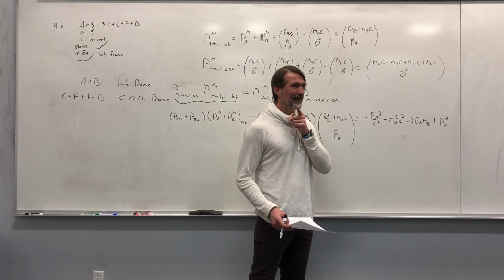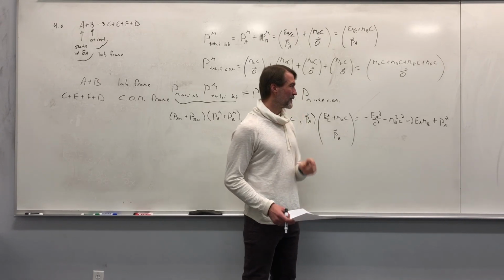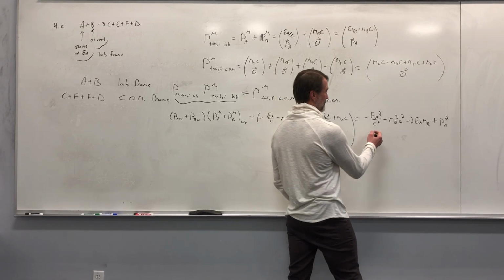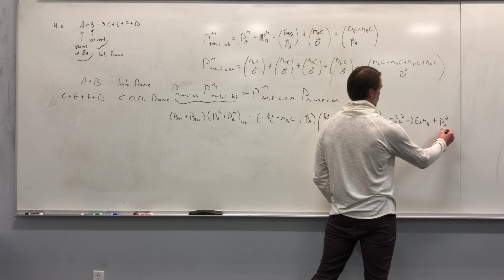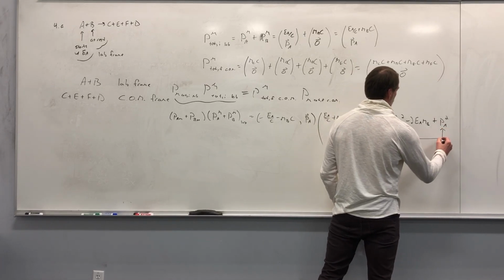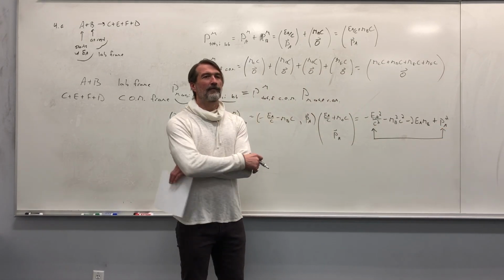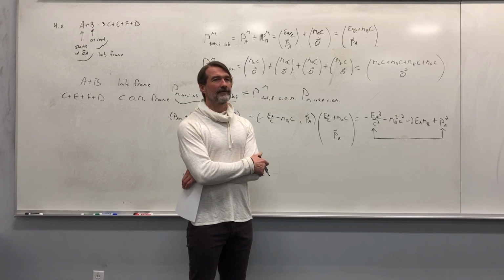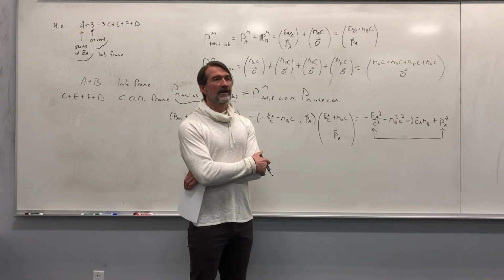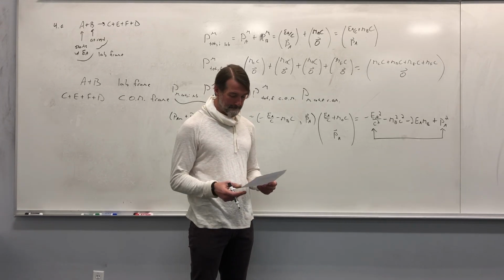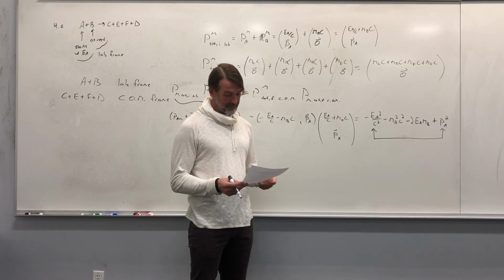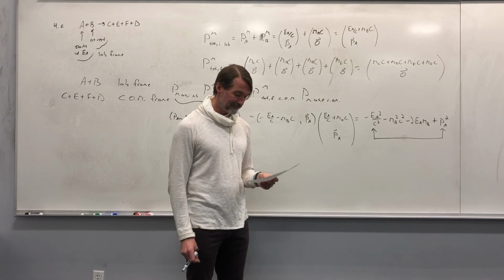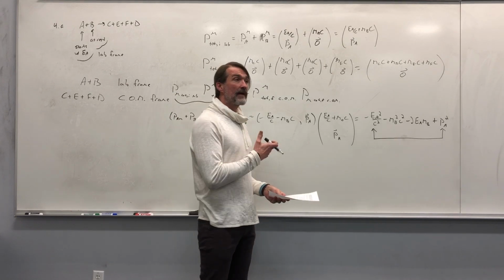But I want you to notice something. Remember that formula I wrote on the board and put a block around? Go back and look at that. Tell me what that combination is. Yeah, this is the mass shell condition.